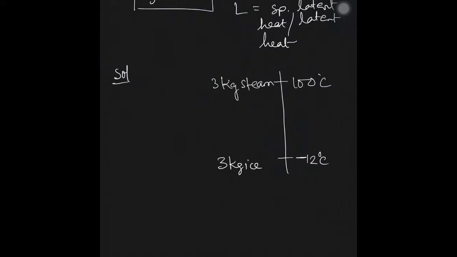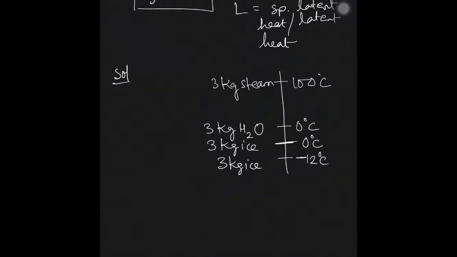From minus 12 degrees C, if you give heat to ice, it will convert to 0 degrees C ice. Again, if you keep on further giving heat at 0 degrees C only, this ice will melt, so you will get 3 kg water.